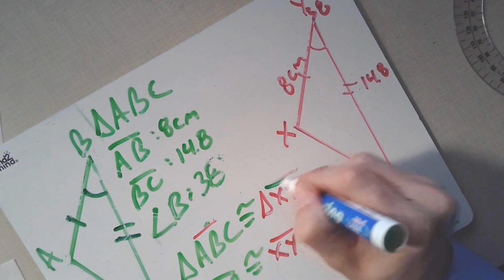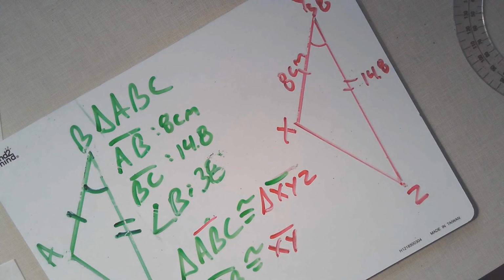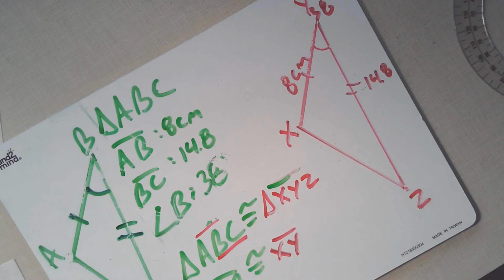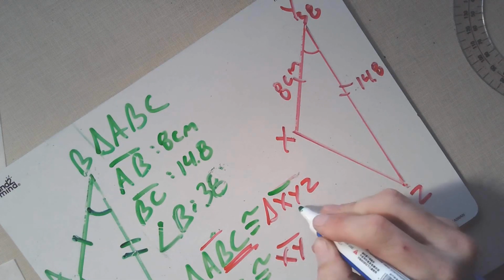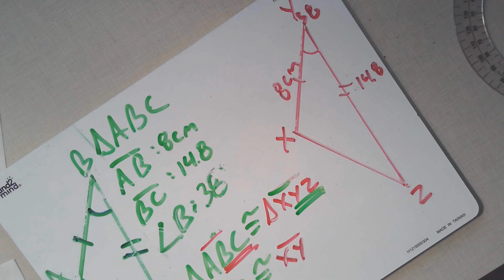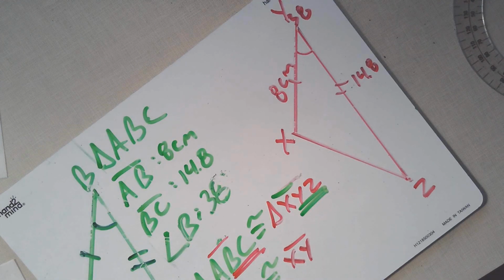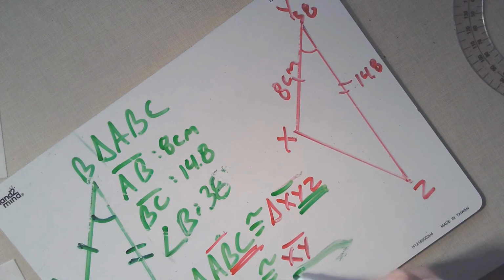It's the first one. And then line segment BC is congruent to YZ.